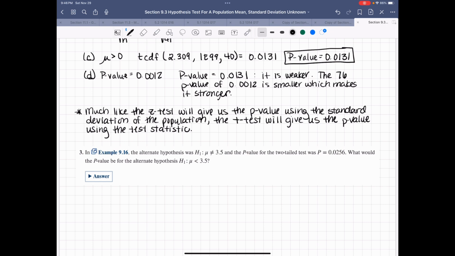Okay, so let's look at number 3. It says in example 9.16, the alternate hypothesis was mu does not equal 3.5, and the p-value for the two-tailed test was p equals 0.0256. What would the p-value be for the alternate hypothesis mu is less than 3.5?